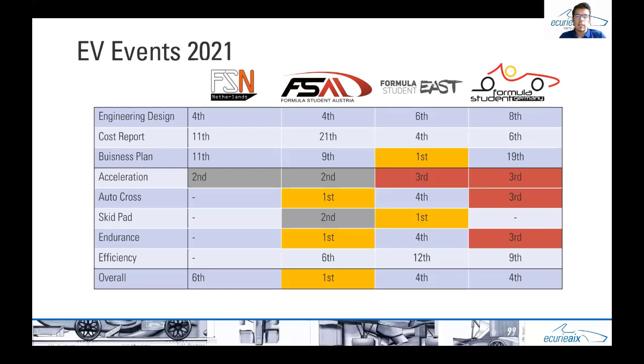We also had great success with the driverless car. We were able to achieve 3rd place overall in Hungary, in Formula Student East. And the whole thing is based on a lot of work and development in the past years.